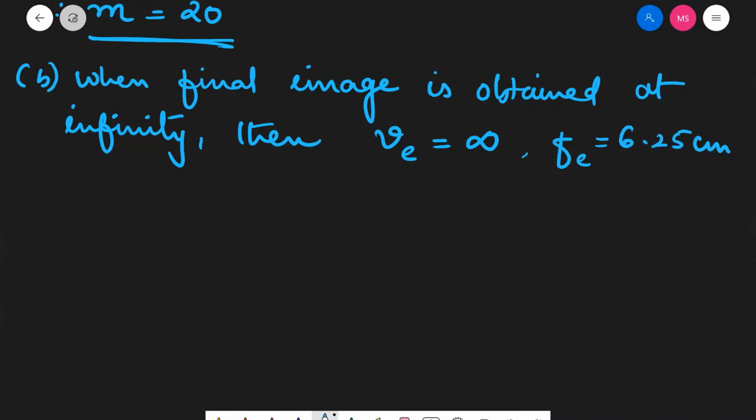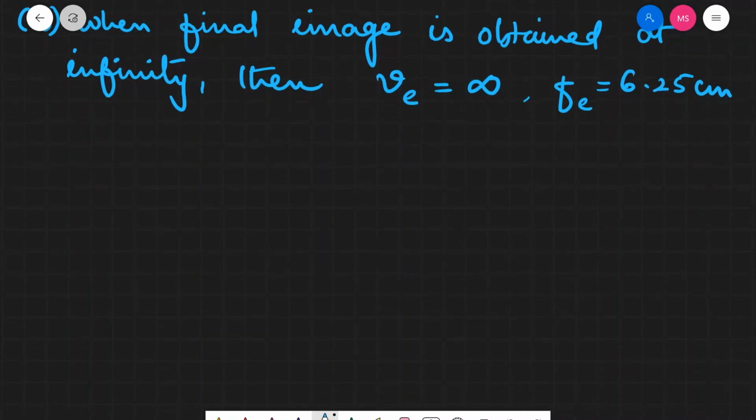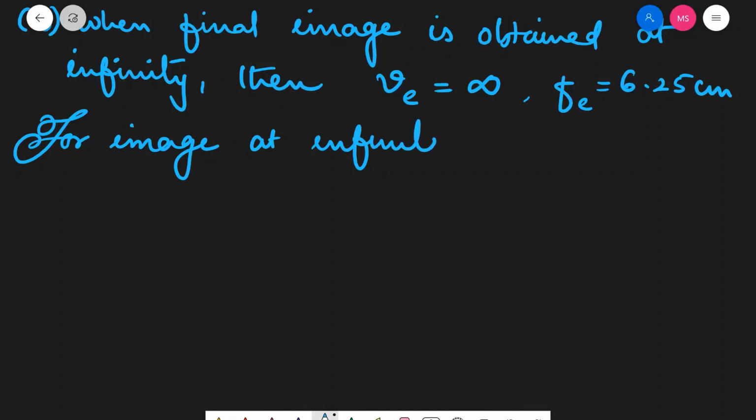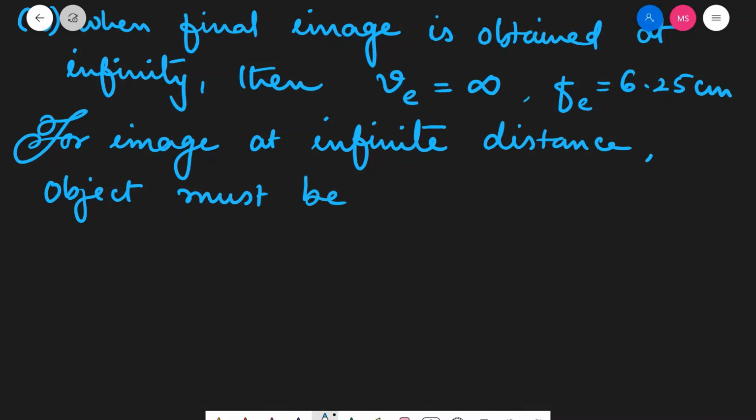So we know that as image is at infinite distance, object should always form at focus. So for image at infinite distance, object must be kept at focus, or you can say that at principal focus.